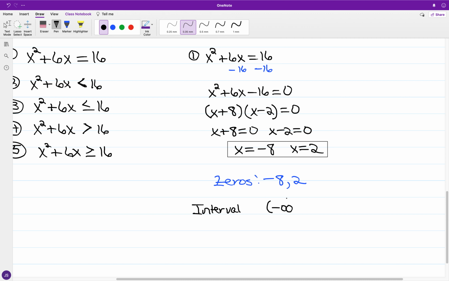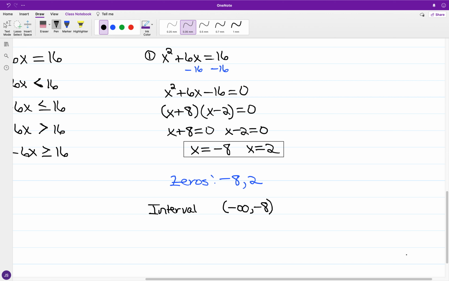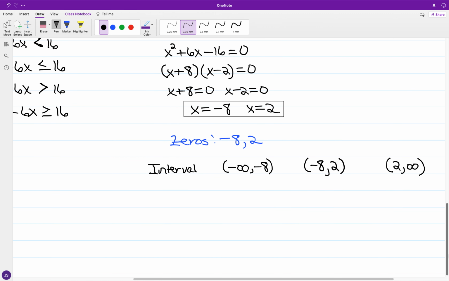At the extremes, at the minimum, I have those values of x that will be less than negative 8. And bypassing negative 8, I have those values of x that will be between but not including negative 8 and 2. And then after this, we have those values of x which will be greater than 2. So I'm establishing a set of open intervals.